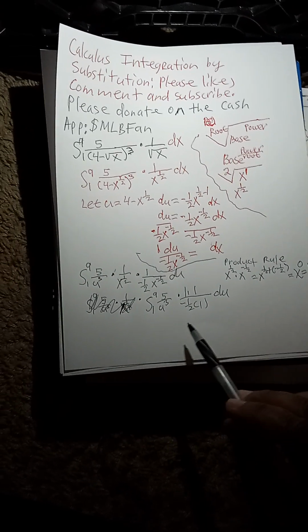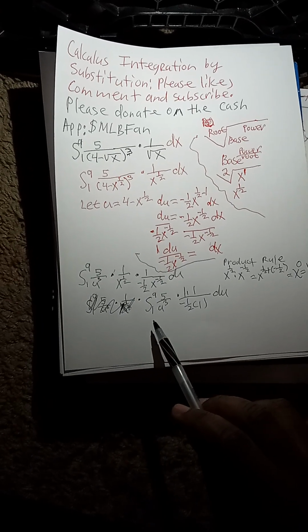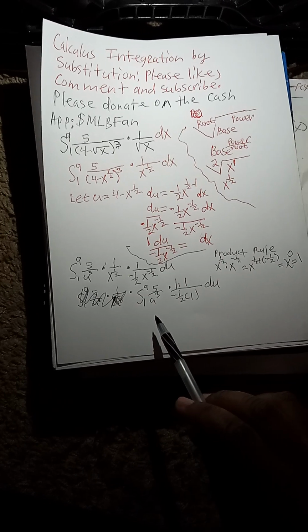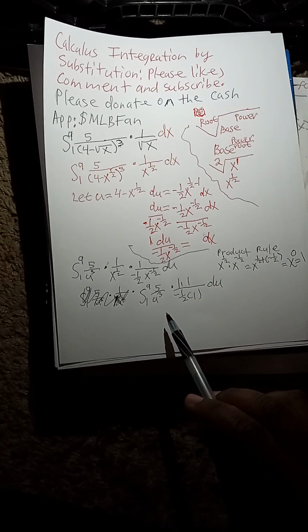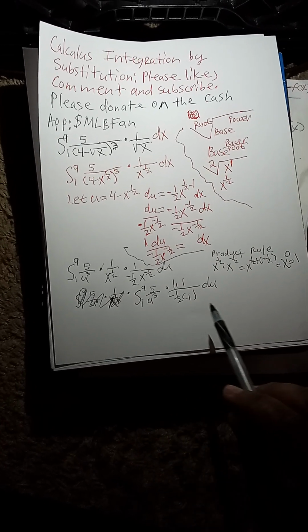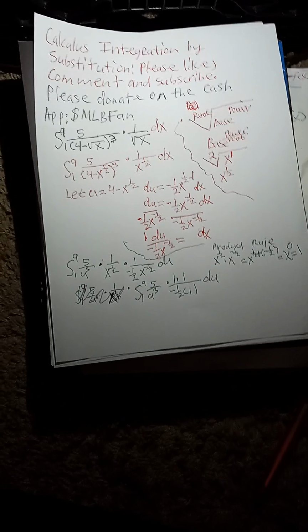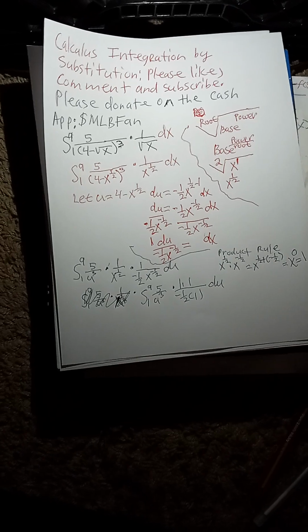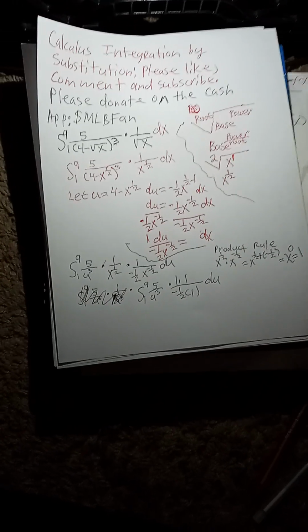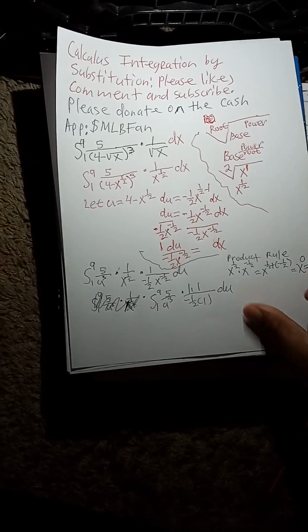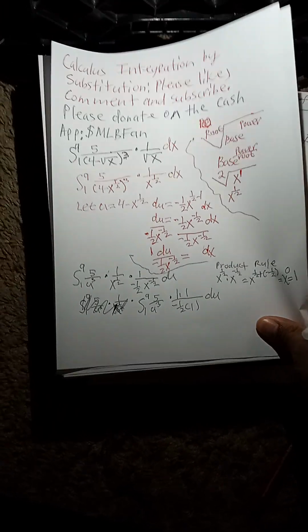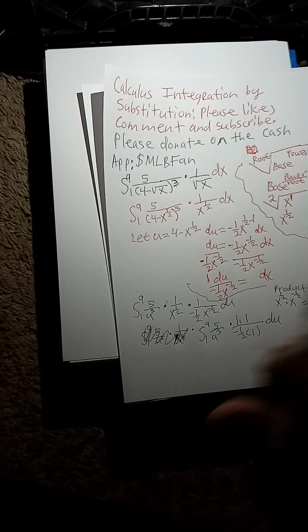And so now this integral can be rewritten as the integral from 1 to 9 of 5 divided by u to the 3rd times 1 divided by negative 1/2 times 1 du. And so now we need to move on to the next part of the problem.